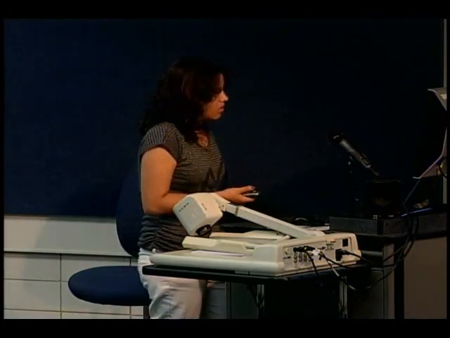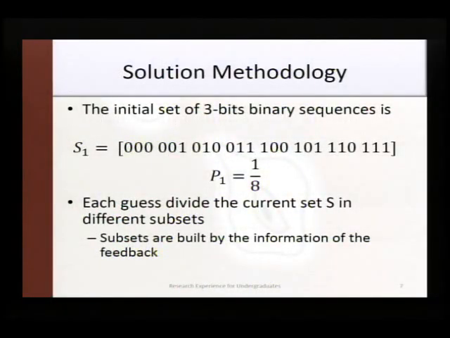So this is what the initial set will look like if I have 3 questions for this game. And after I do a guess, this set will be divided into 4 different subsets, because it is going to be built by the information that I get from the feedback.